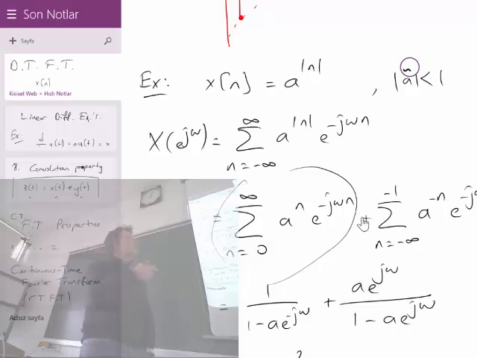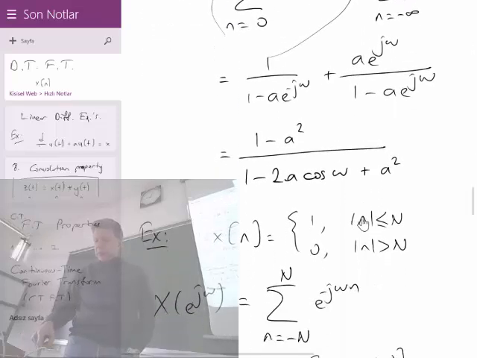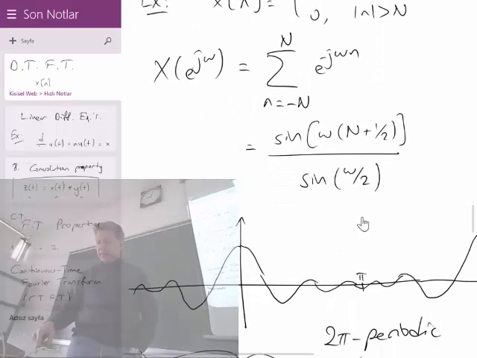In discrete time, it is notated as capital X of e to the j omega. From this notation, we understand that every Fourier transform is 2 pi periodic in omega on the frequency axis. When you plot it, it must correspond to some 2 pi periodic signal.